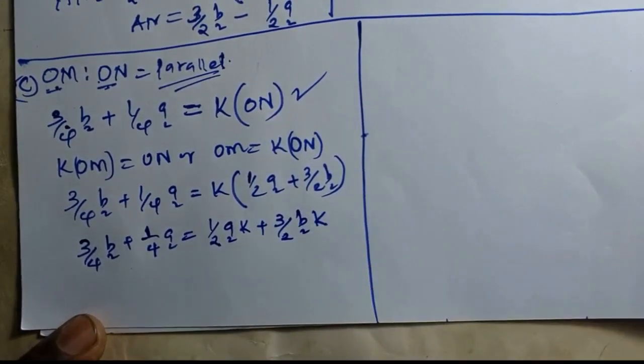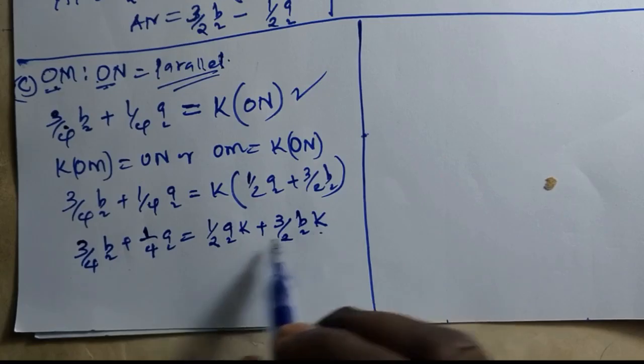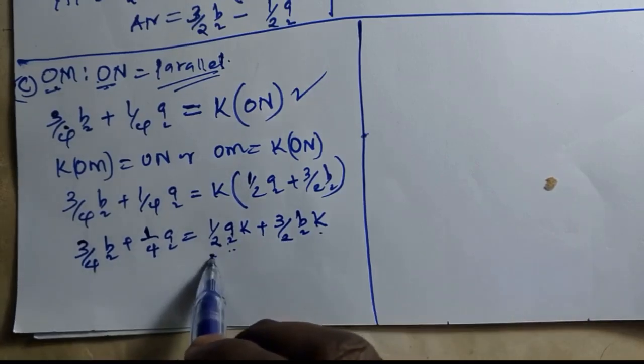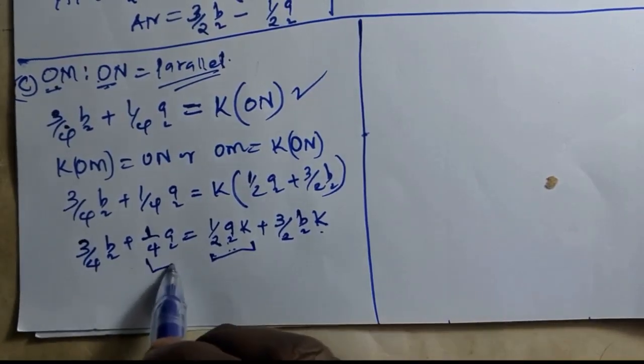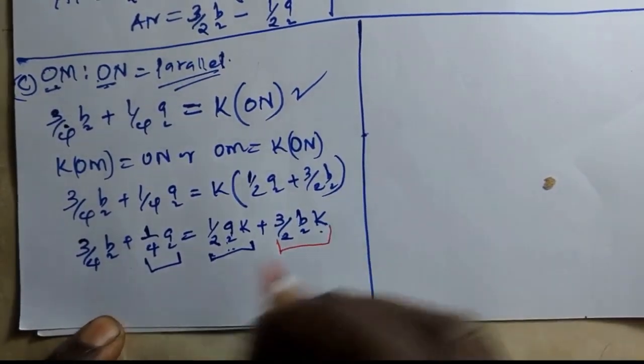So when you get here, you compare the coefficients of K, where we have vector A. So this one and this one are the same, and the one with B, this one and this one are the same.